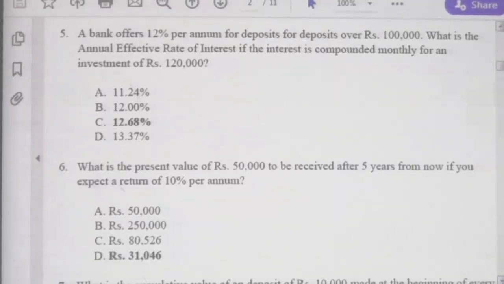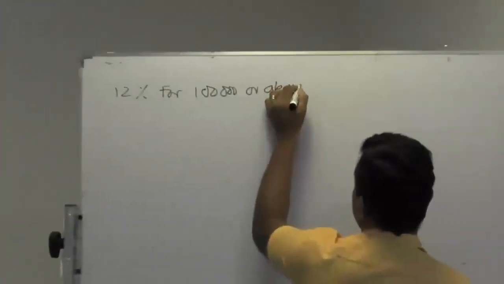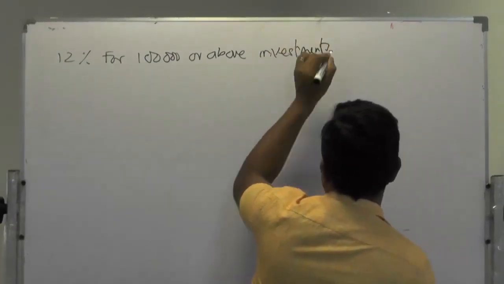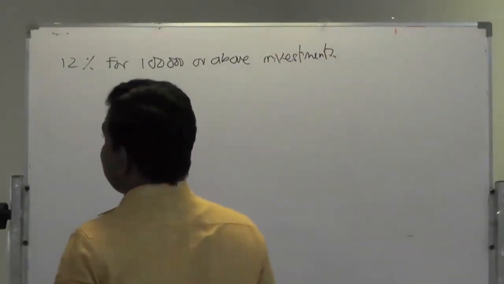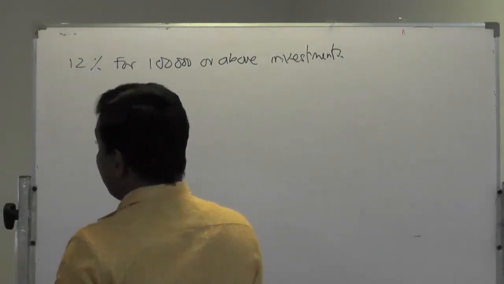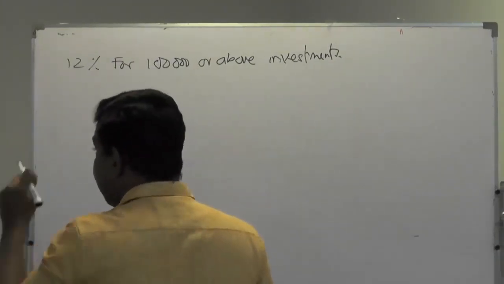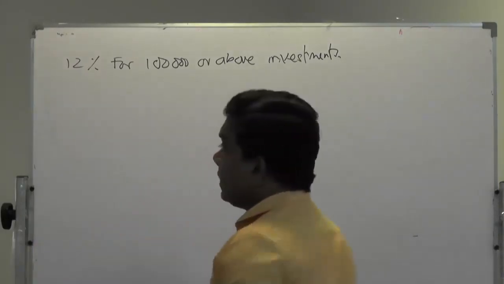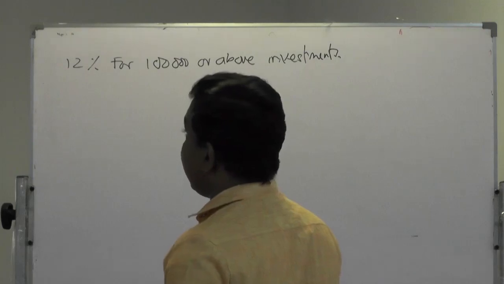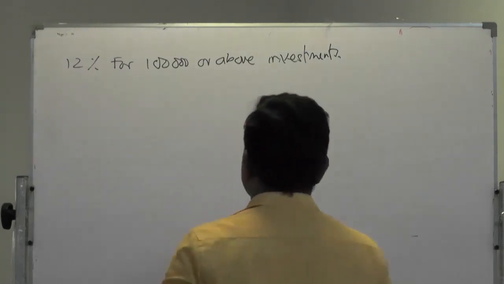Banks generally offer 12% for 100,000 or above investments. Right? What is the annual effective interest rate if the interest is compounded monthly for an investment of 120,000?